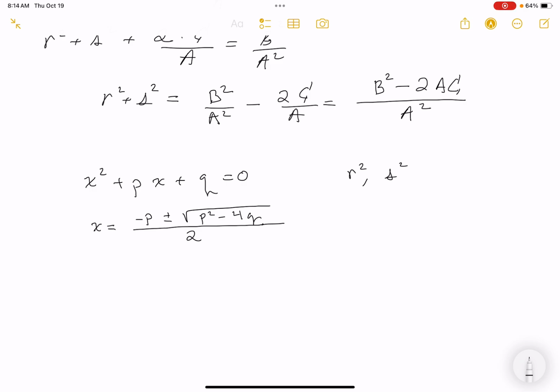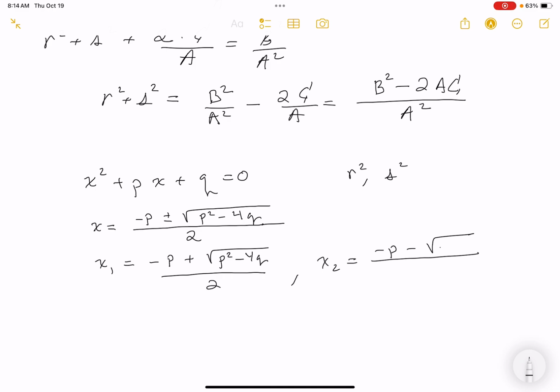All right? So I got this over here. So I'm going to say there's the two roots, like x1 is going to be minus p plus the square root of p squared minus 4q over 2, and x2 is going to be minus p minus the square root of p squared minus 4q over 2. Well, let's see what we got there.